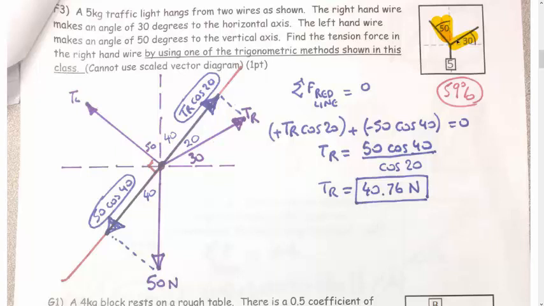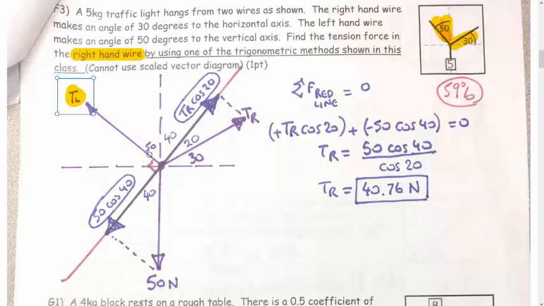A second way, which is quicker, is that you say to yourself, I don't care about T left because I want to find T right. It says find the tensional force in the right hand wire. So I don't care about T left. So I draw my diagram carefully. The better you draw these angles, the better your diagram is.